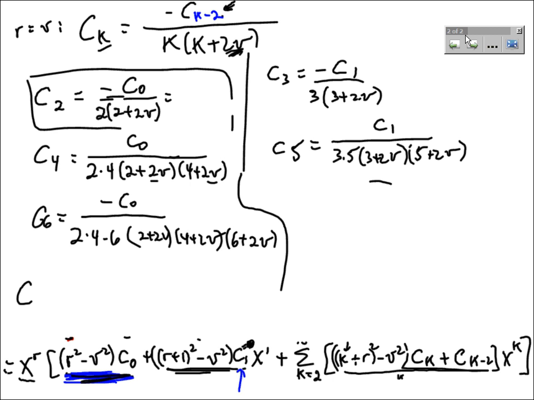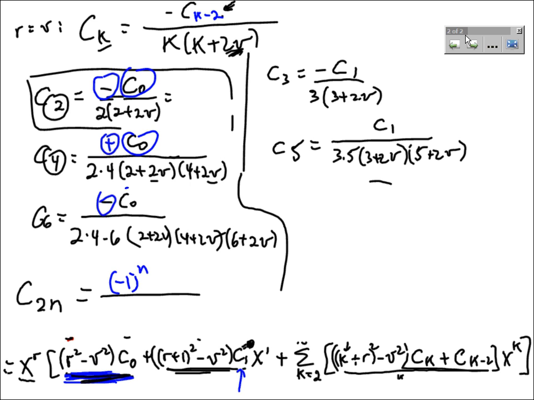So all these subscripts are even, so I'll call them 2n. Now the numerators go from negative to positive to negative. So that's negative 1 to the n, and they all have c0. And then first I see all the even numbers: 2, 4, 6. It stops at that subscript. When it was 4, it stops at 4.